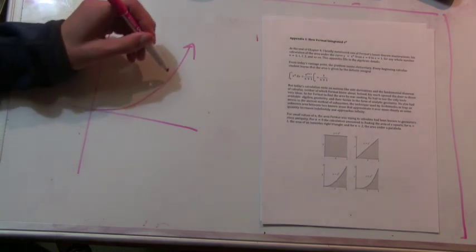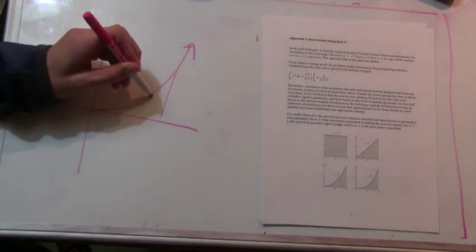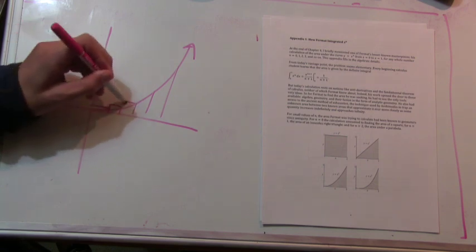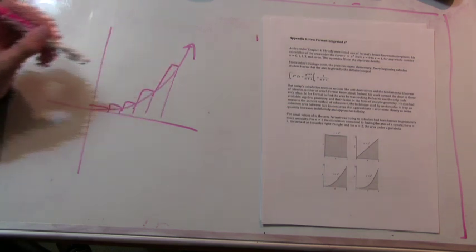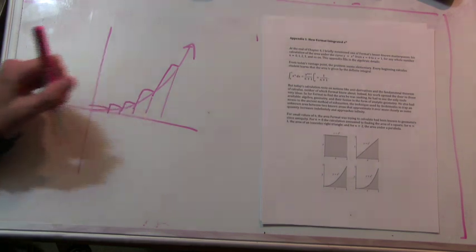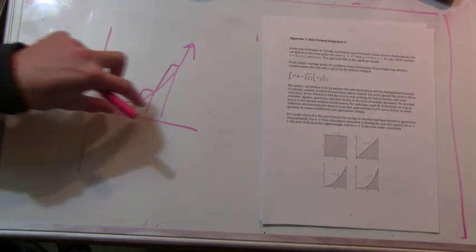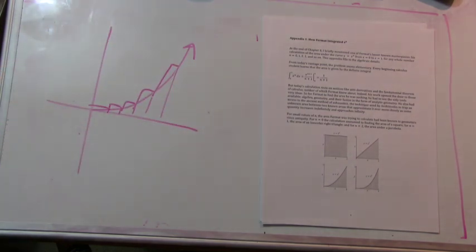So the idea is that you chop it up into rectangles, and then you calculate the area of the rectangles, and then you get smaller rectangles, and smaller rectangles. It doesn't matter too much if you go over or under, because as you get smaller and smaller, it will eventually approximate the area. Okay. Cool. And hopefully you find that your areas converge.